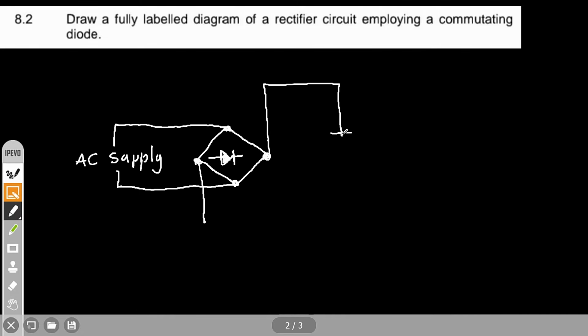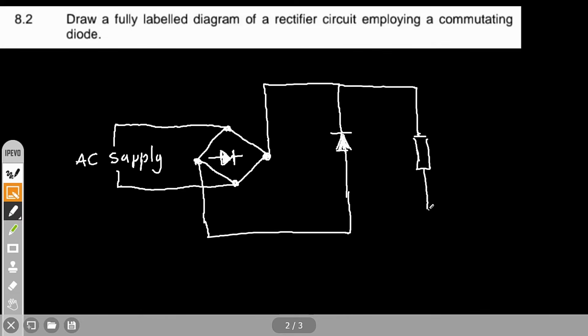You have a diode here, and then you have obviously your load resistor, right? So that's your circuit, guys.